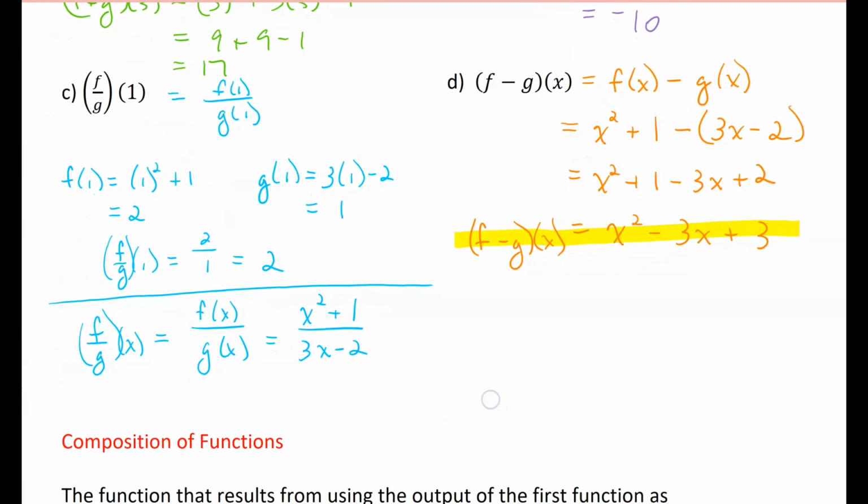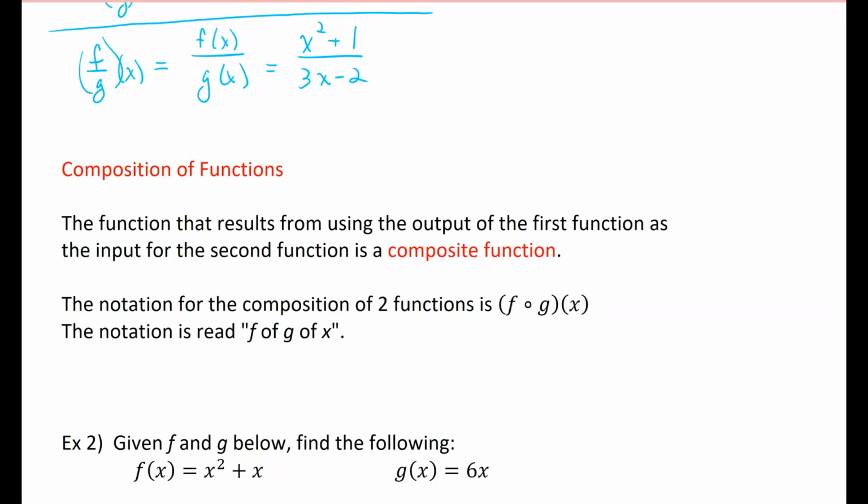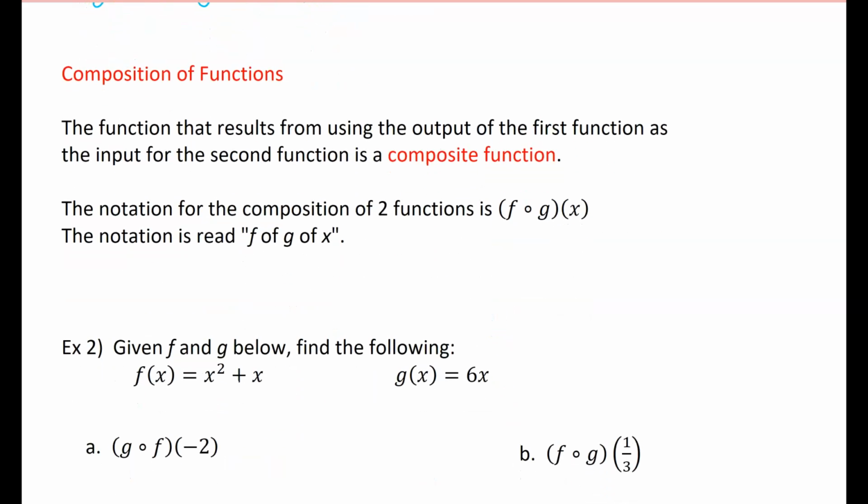Okay. So the next thing we want to look at are what we call composite functions. What happens with composite functions is you are composing one function with another one, which just means we're going to plug one function into another.